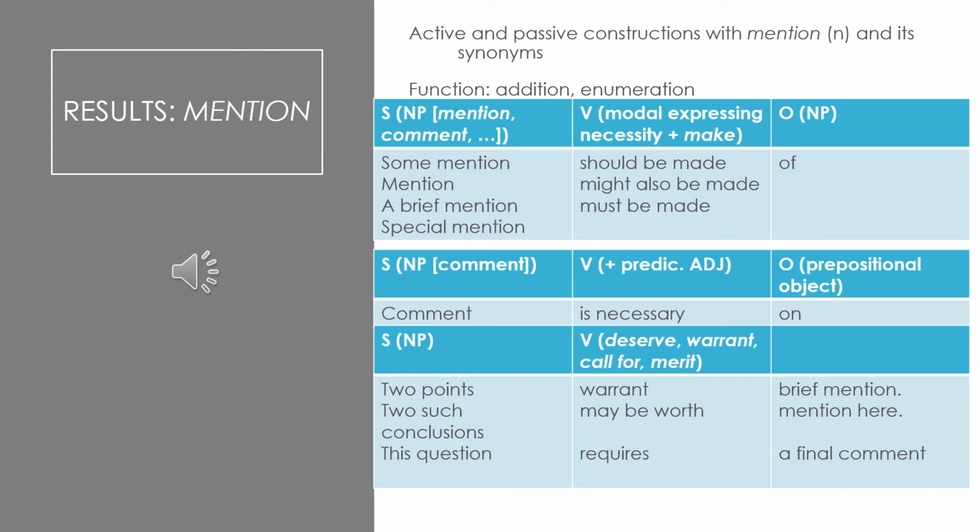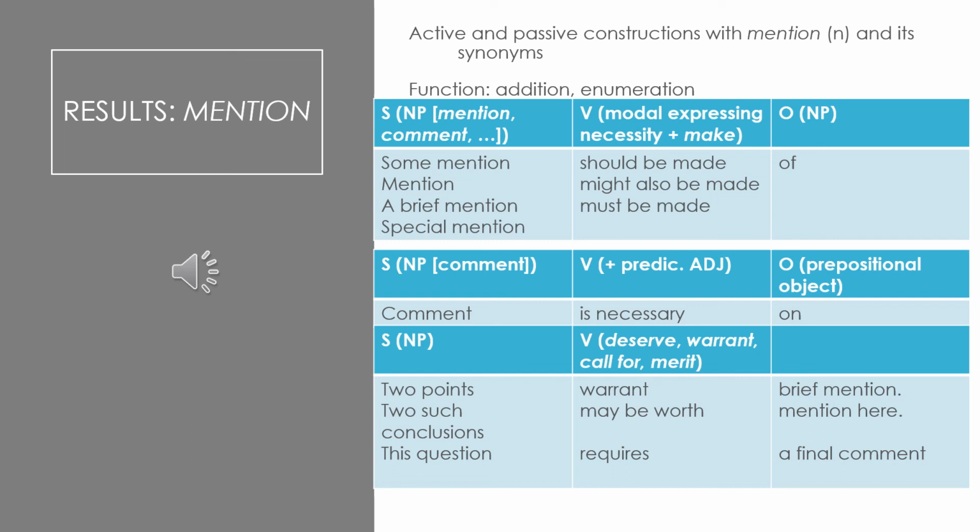The subject, by the way, can be modified by determiners, or also preceded by the zero article. Mention must be made of, some mention must be made of, determiner, or adjectives. A brief mention must be made of, special mention must be made of. I left out the examples of objects here. A second structure is perhaps peculiar to comment.